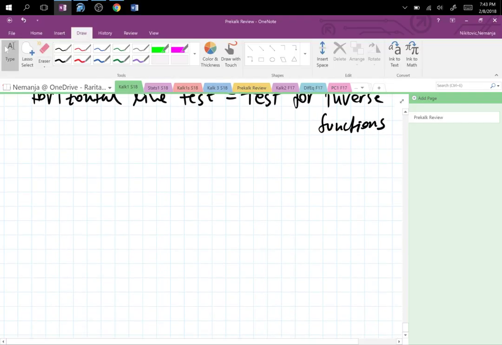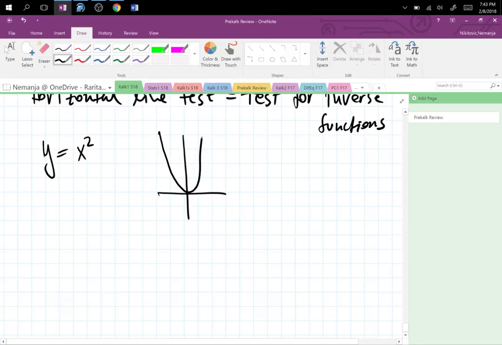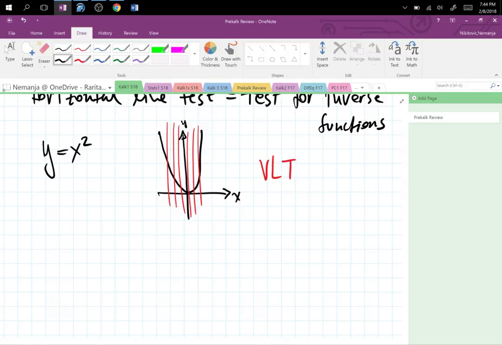All right. So here's my y equals x squared. When I draw the graph for x squared, which we know is just this parabola, at this stage of the game, we are going to use the vertical line test, which is a whole battery of these red vertical lines that will tell us that it passes the vertical line test, therefore x squared is a function.